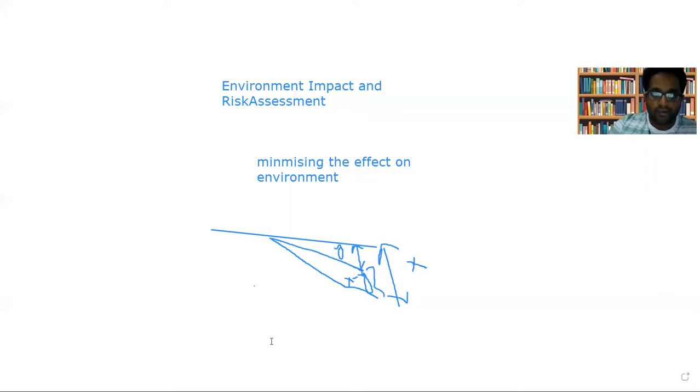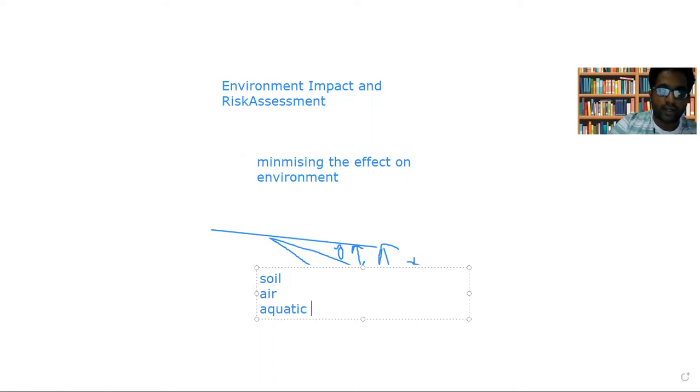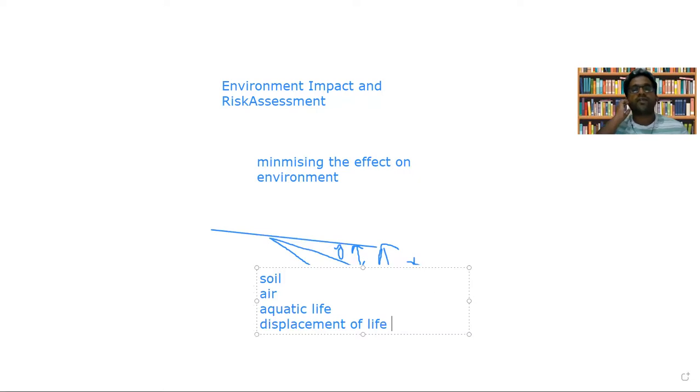For example, if you consider soil, if you consider air, if you consider the aquatic life, if you consider the displacement of life, these are the different parameters which can be quantified, or the impact or risk happening to these different parameters can be quantified if you go with a proper impact assessment and risk management plan.